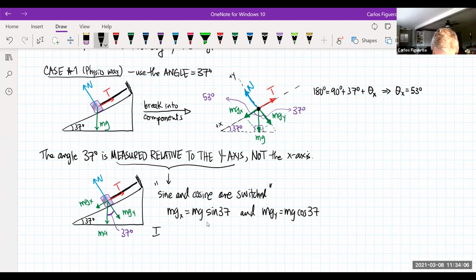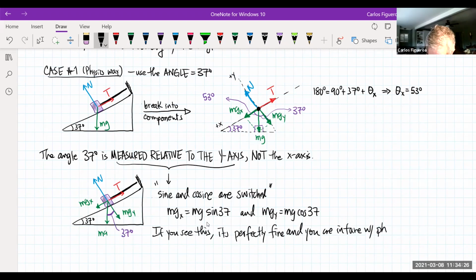Now, if you see this, it's perfectly fine, and you are in tune with physics textbooks, because in fact, I think 100% of the textbooks do it this way. So doing it this way is totally legit.